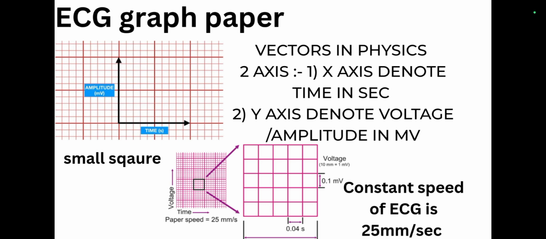The big square contains 25 small squares. One small square denotes 0.04 second on the x-axis and 0.1 millivolt on the y-axis. So one big square is 0.2 seconds. The standard speed of ECG is 25 millimeters per second.